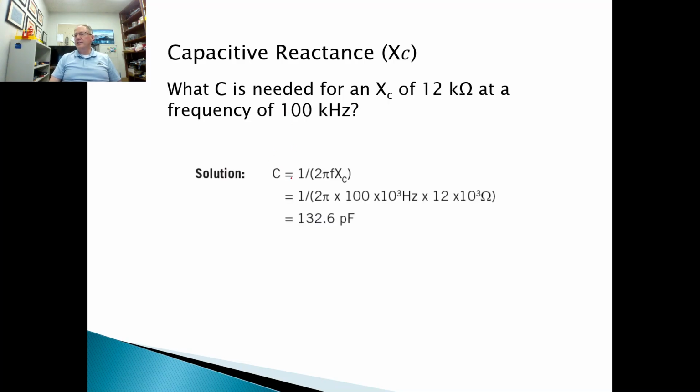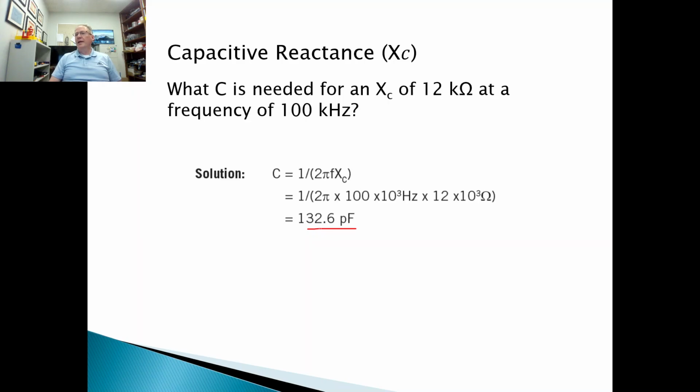On that one, you just say C equals 1 over 2 pi F X of C. So 1 over 2 pi times 100 kilohertz times 12 kiloohms, and you end up with 132.6 picofarads.